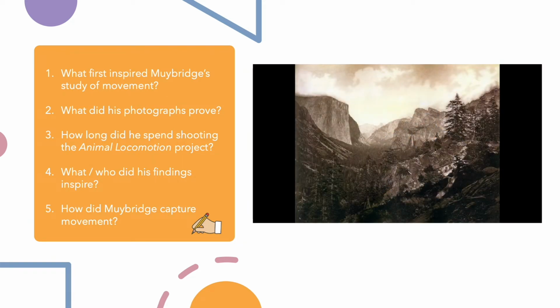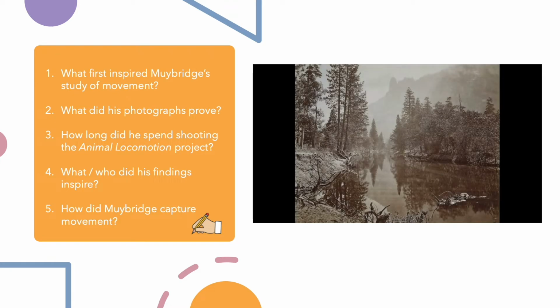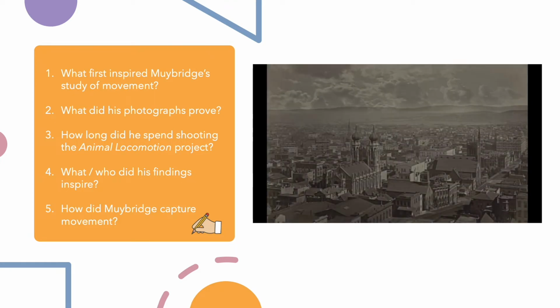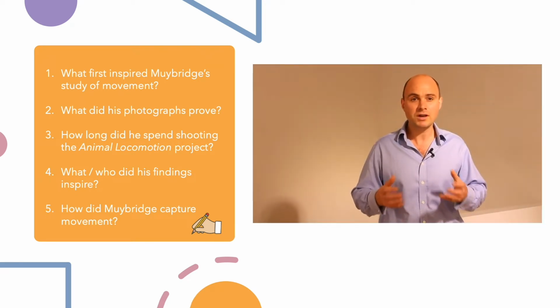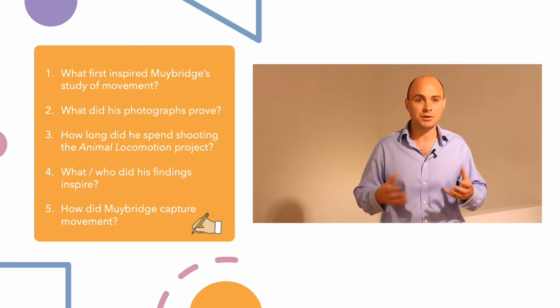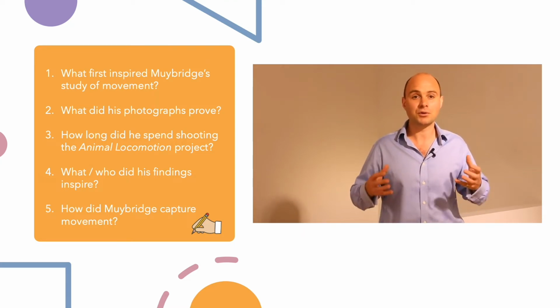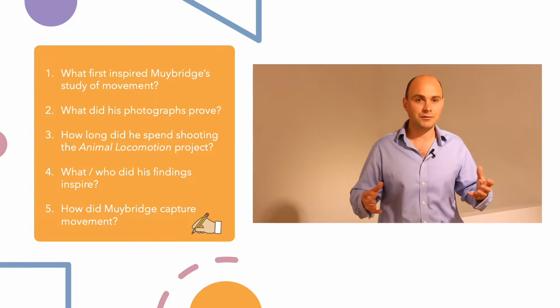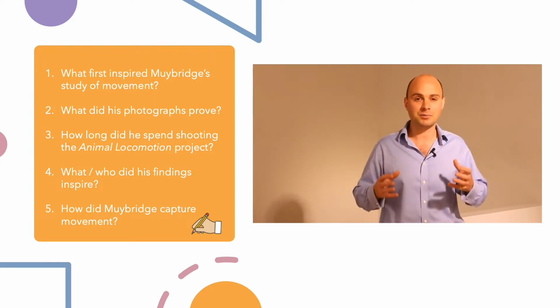He began his photographic career as a landscape photographer, producing dramatic views of both Yosemite and San Francisco. Then, in 1872, racehorse owner and former governor of California, Leland Stanford, hired Muybridge to photograph his horse galloping in order to discover whether all 4 of the animal's hooves were lifted off the ground at the same time.